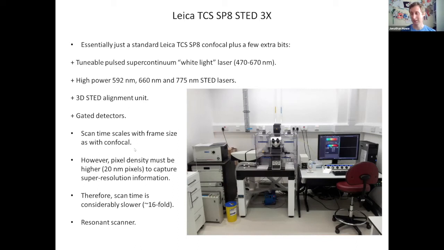And in theory, if you're going to achieve, say, 40 nanometer resolution, then your pixels need to be around 20 nanometers big, which is like 4 times smaller in X and Y than you would typically use in a confocal, which means that your scan time, if you keep the same pixel dwell time, is going to be 16-fold slower. And we do also have a resonance scanner on this system. So if the intensity of the fluorophore is bright enough, then you can use this resonance scanner to improve scan speed somewhat.